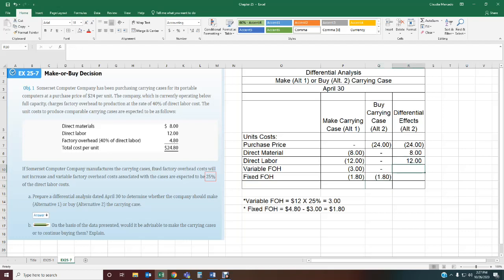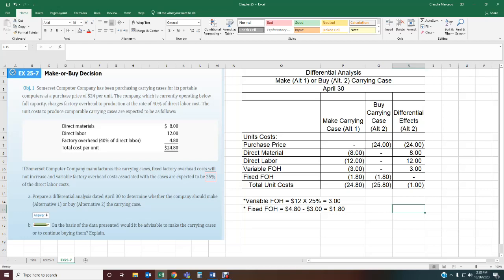Now we compare alternative 2 to alternative 1 for both categories, and now I can calculate my total unit cost. You basically add all of the information in the column to get your total. If you make the case, you're going to spend $24.80 in material, labor, and overhead.